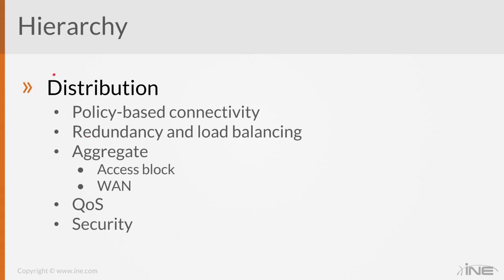The hierarchy. Now at the distribution, let's define the distribution. The distribution will be your policy-based connectivity. So if incoming traffic from your access needs to leave a certain port toward the core, this is where you would define it, not at the core.